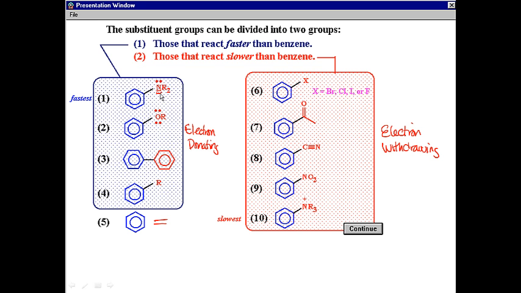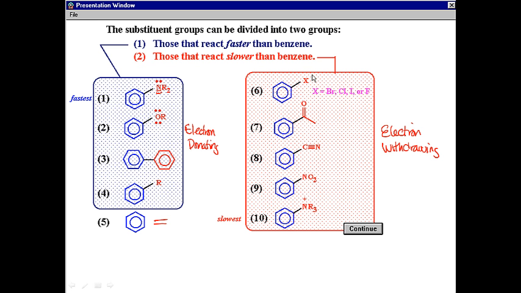Second most donating are groups that have an oxygen with lone pairs attached to the ring. Third most, I keep using this activating term, I'll come back to it in a moment. The third electron donating group is another benzene ring. And then alkyl groups will donate electron density to the ring.